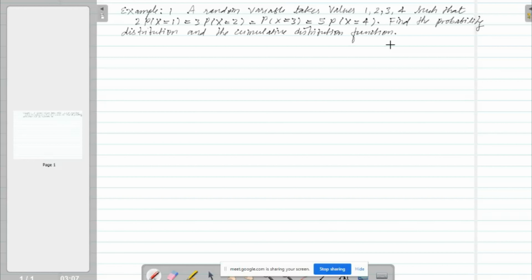So we have to determine the cumulative distribution function. Okay, let us do the solution for that. So what is the solution?